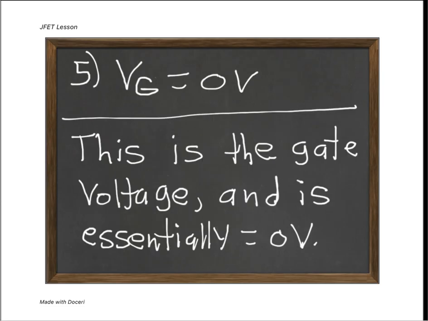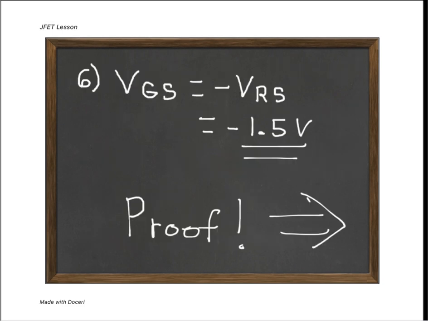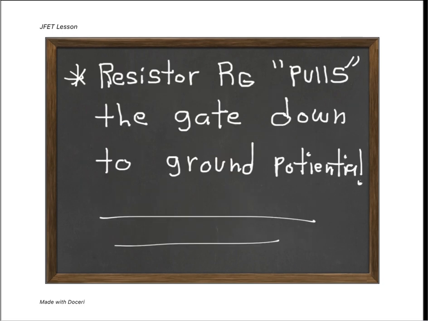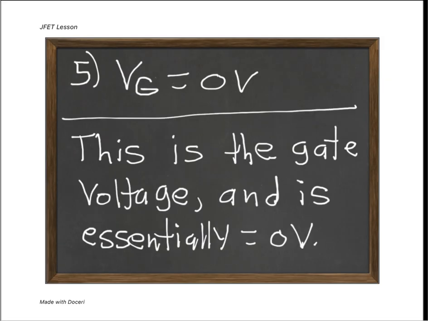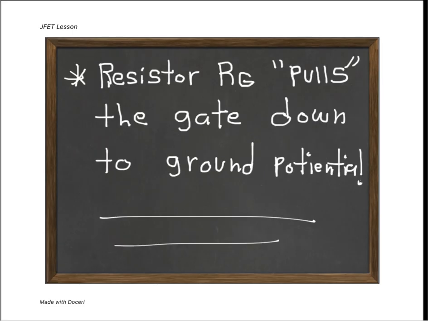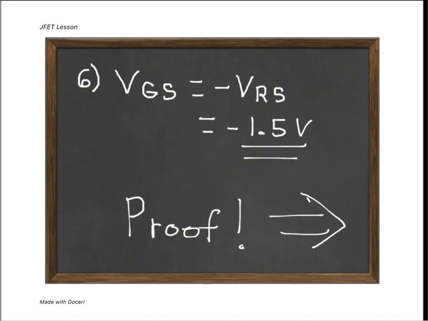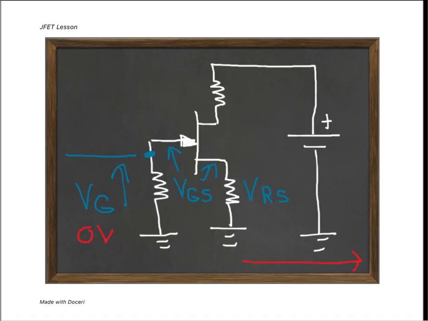Okay. But the gate voltage, do I have a diagram there? No, I don't. Okay, so the gate to source voltage is equal to 0. So that is the voltage from the gate to the ground. Do I? Yeah, I do have a diagram.